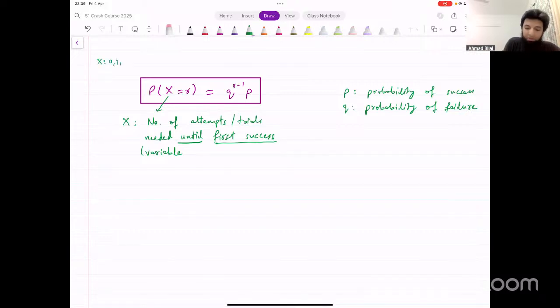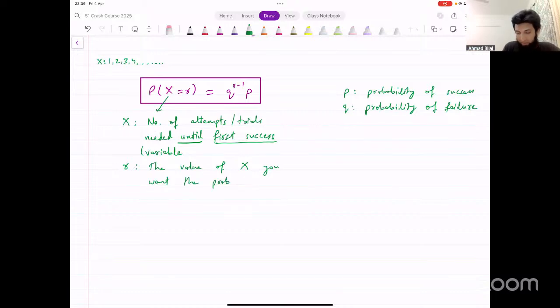No, it can't be 0. x could be 1, 2, 3, 4, all the way up to infinity. There's no limit to it. What about r then? r is the value of x that you want the probability for.